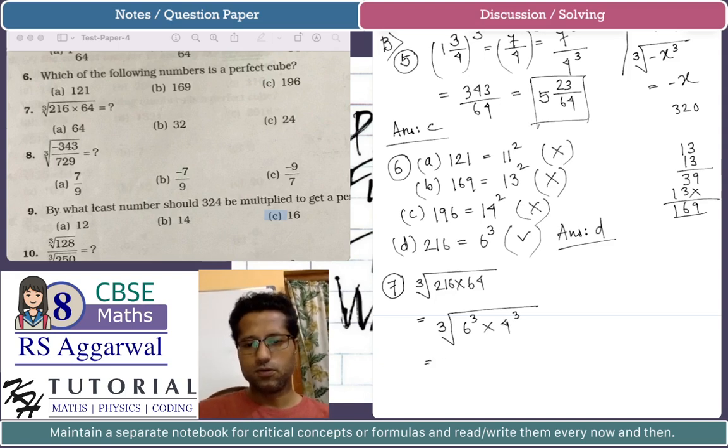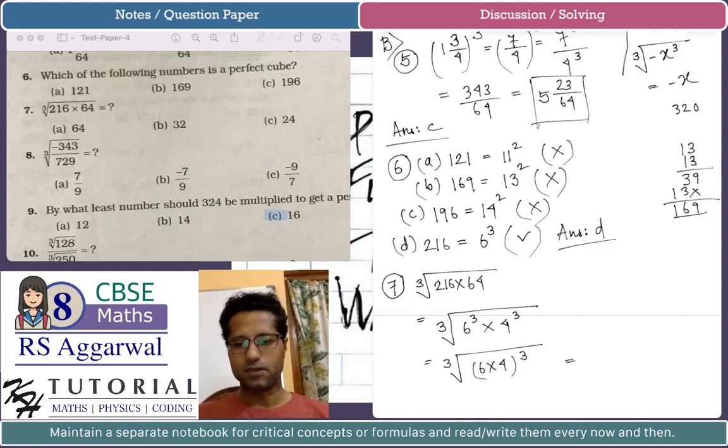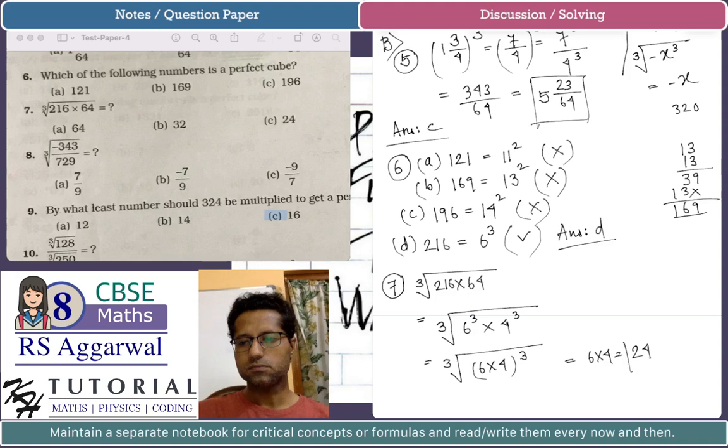So this is equal to cube root of 6 cube multiplied by 4 cube, which is 6 multiplied by 4 whole cube as per the laws of exponents. Now I can say that the cube root will be 6 into 4, which is 24. So the cube root is 24 and the correct choice is C.